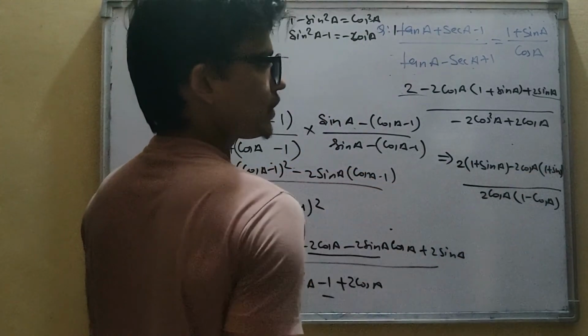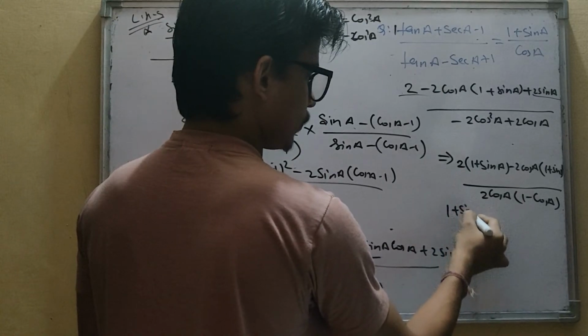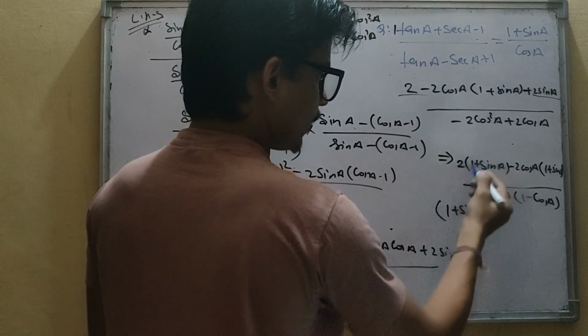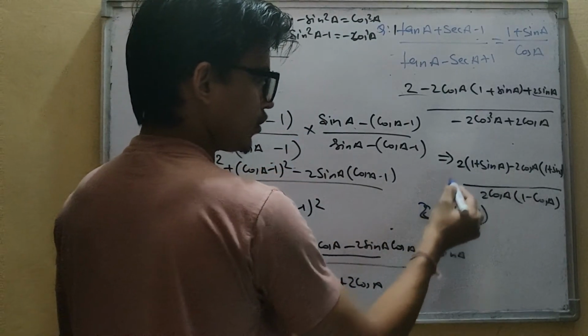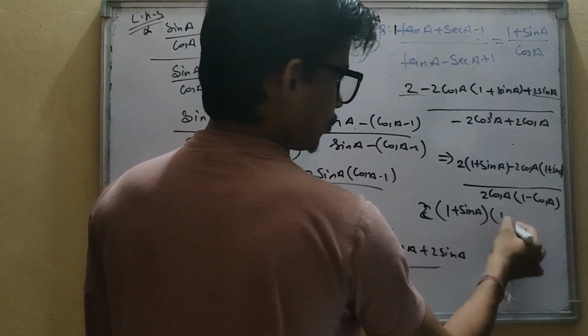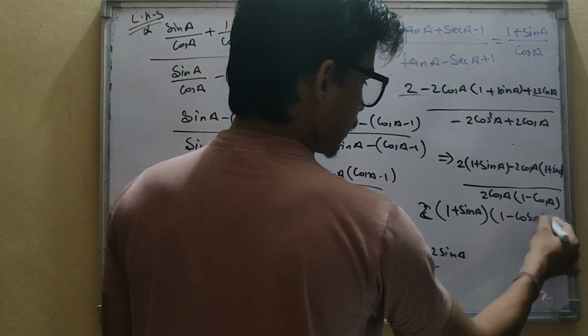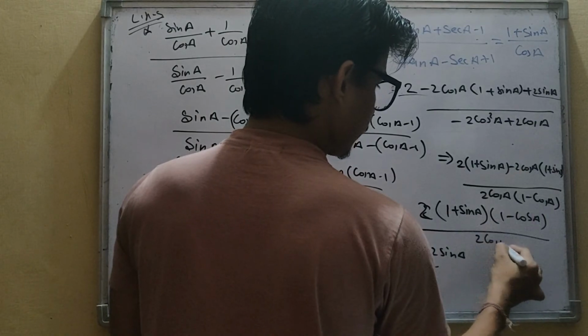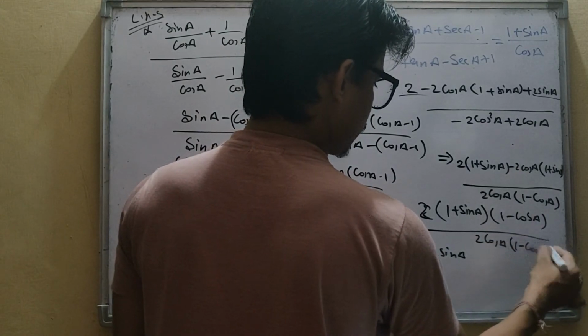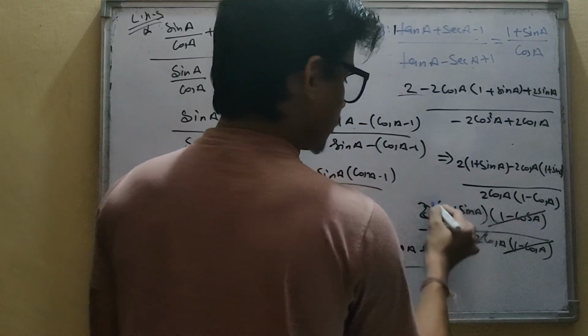So 1 plus sin a is common from the above, and in fact 2 is also common, right? 1 plus sin a. So what remains is 1 minus cos a upon 2 cos a into 1 minus cos a. So this is going to be cancelled out.